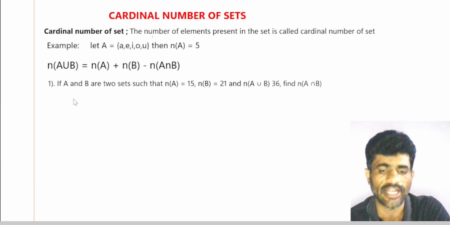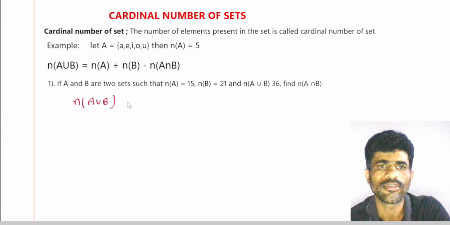Let's write the formula first. n(A union B) is equal to n(A) plus n(B) minus n(A intersection B). This is the formula.